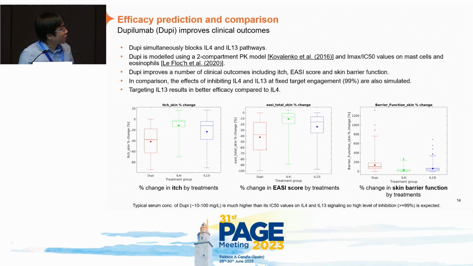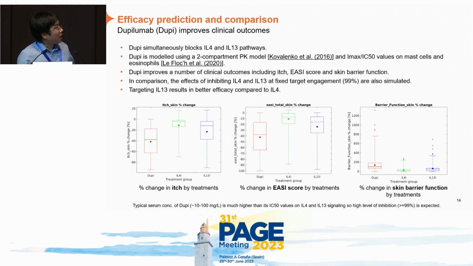So as a sort of comparison, I've also simulated the case when we just inhibit one of the pathways that dupilumab hits. So dupilumab inhibits both IL-4 and IL-13, but we can deplete just IL-4 or just IL-13 here as a comparison.